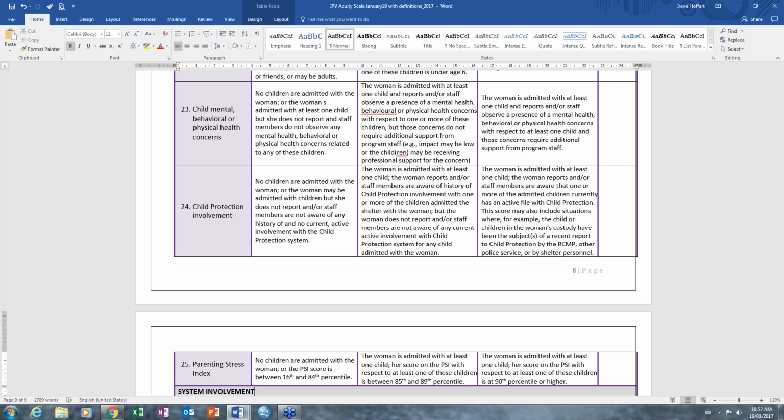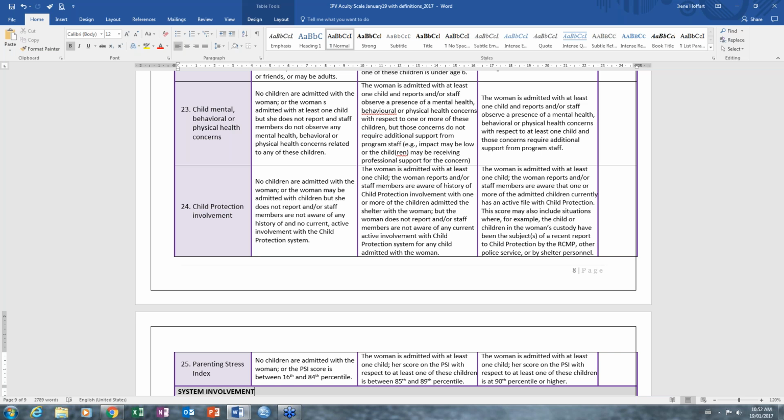So it would be the child that she is struggling with the most, that she perceives as contributing to her stress as a parent, that she would complete the index for. So it's really her perspective on an individual child, not all her children.